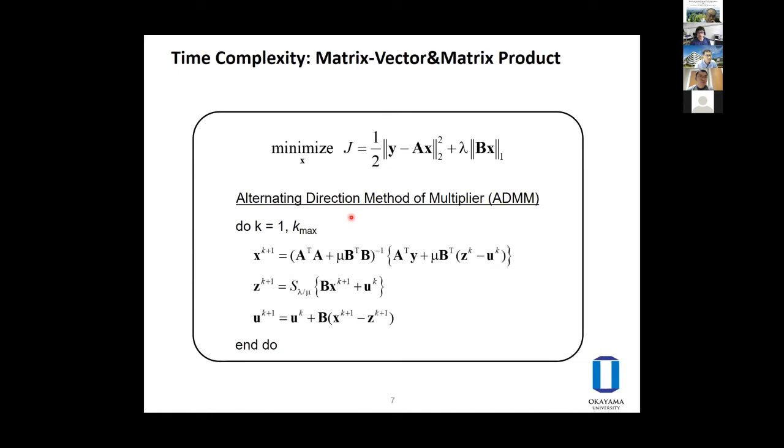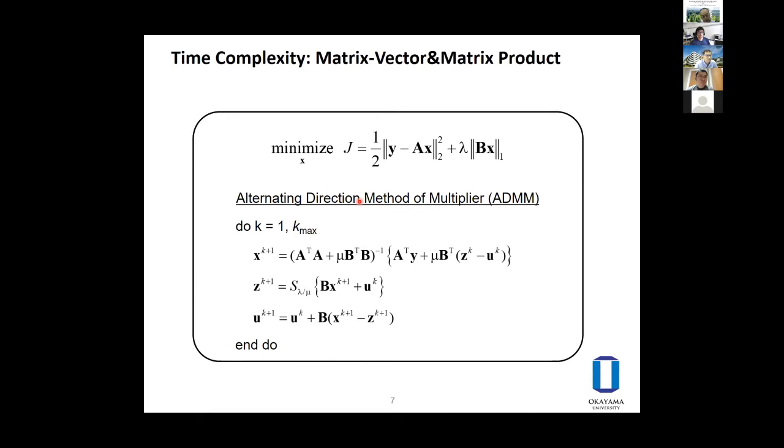In addition to the space complexity problem, there is another serious problem, that is time complexity. In G-lasso, we use the algorithm called ADMM to minimize this objective function. ADMM requires matrix operations such as matrix-vector product and matrix product.